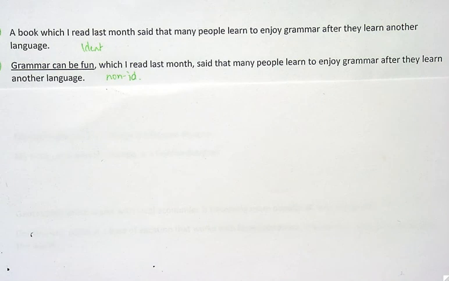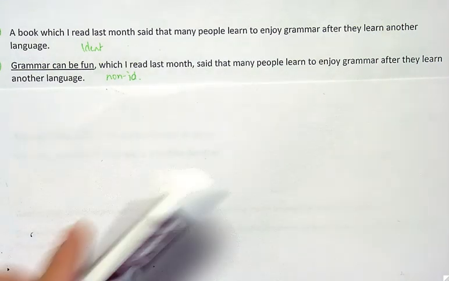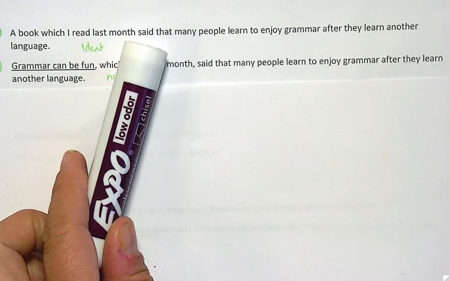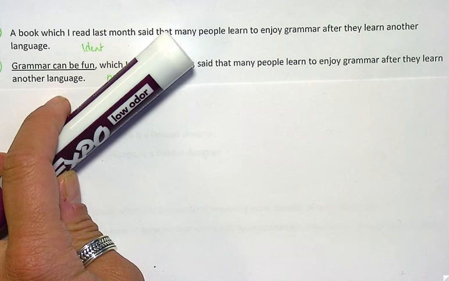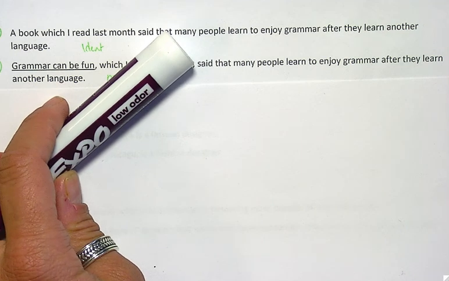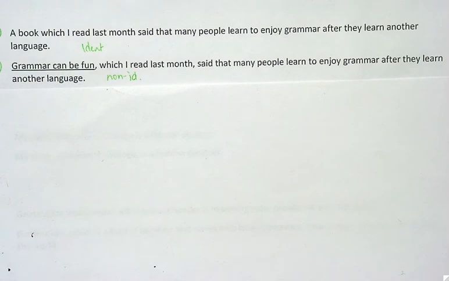We could even, if we wanted to, cover this whole part of the sentence, and we could say, Grammar Can Be Fun said that many people learn to enjoy grammar after they learn another language. The part in between the commas is between commas because it's extra information. It's not necessary.